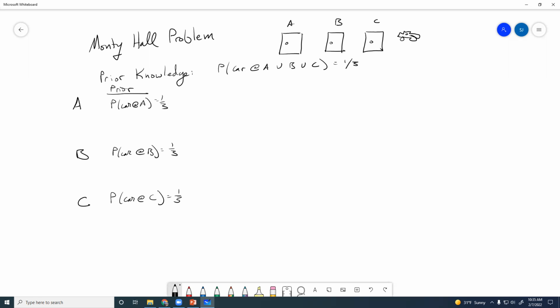Okay. And then we have this event happen. It doesn't matter which door we choose. How about we pick? Jaden, do you want to pick a door? B. All right.